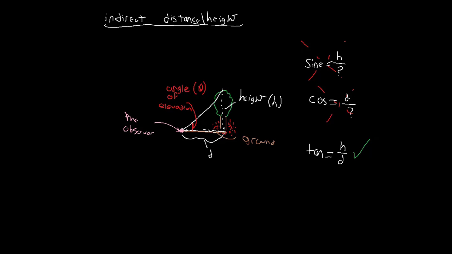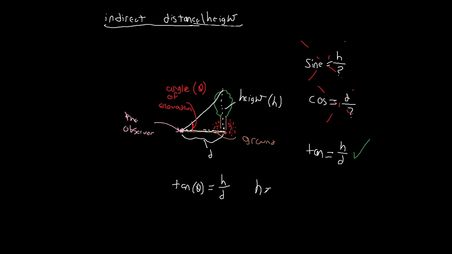So we have our general equation. The tangent of theta is equal to h over d. Again, h is the height we're looking for, and d is our distance from that object. We can rearrange this equation, just like we have so many times with so many other equations, to isolate the thing we want, which is h.